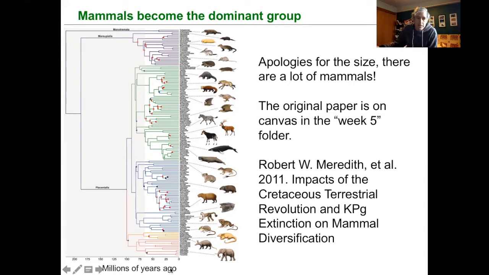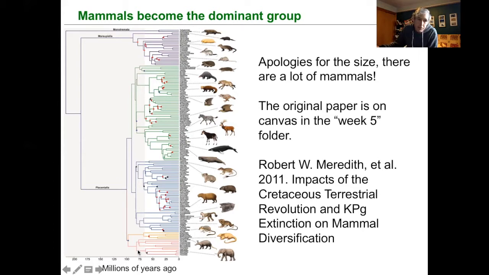And this is where we go back millions of years. This is the current present day, and we're going back and we see where the mammals first arrived. So true mammals first arrived somewhere around here, about 160 million years ago. And then we can see that for an awful long time, the mammals were just split between the placentals and the marsupials and ticked along, ticked along. And about here is where the dinosaurs go extinct.